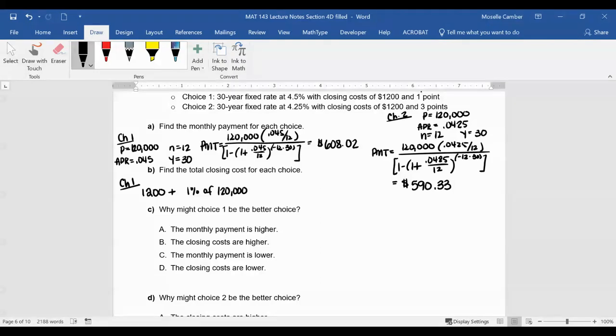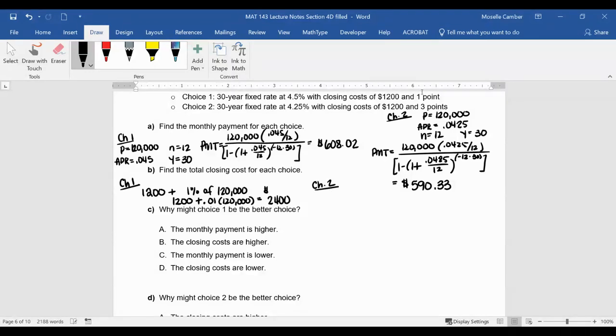So 1% of 120,000. And to get 1% of 120,000, we do 0.01 times 120,000, and then we can add that on to our 1,200, and so we get a total closing cost of $2,400.